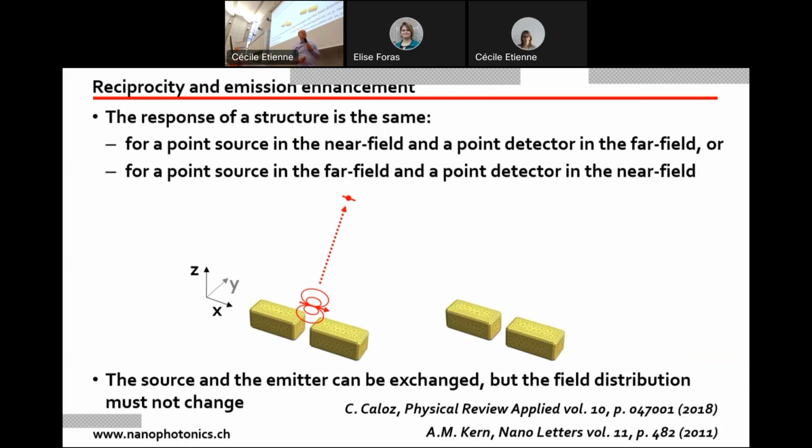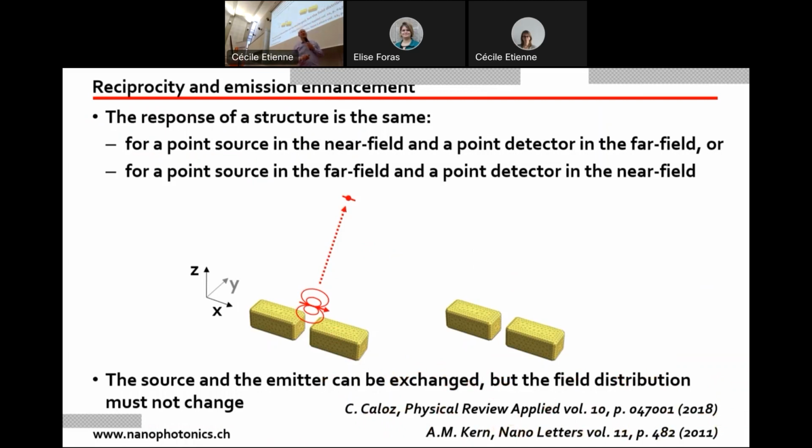You see quite a few papers about reciprocity around, and very often it's very misused. So if you're interested or if it's relevant for your field of research, I'd like to point out this very good paper from Christophe Callot from Leiden University, where he really discusses what reciprocity is.